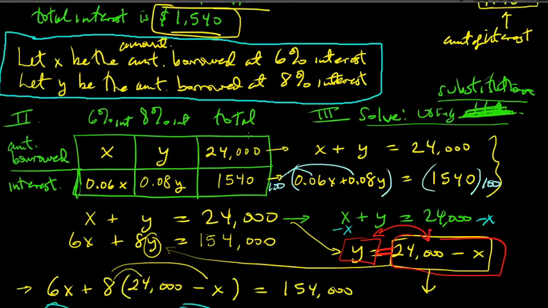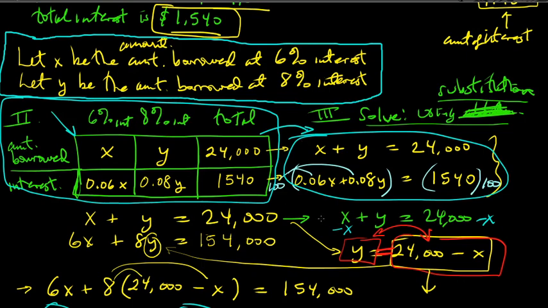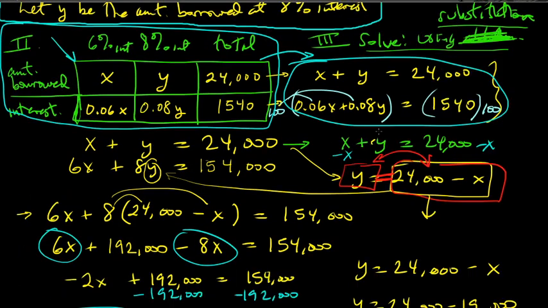Step 2, you should write down the table. If you're really not comfortable with the table, if you would rather write down the equations, okay. But I find it helpful to organize the information in a table, and then once you get the table right, the equations just pop right out of that. Okay, and then solving the system.